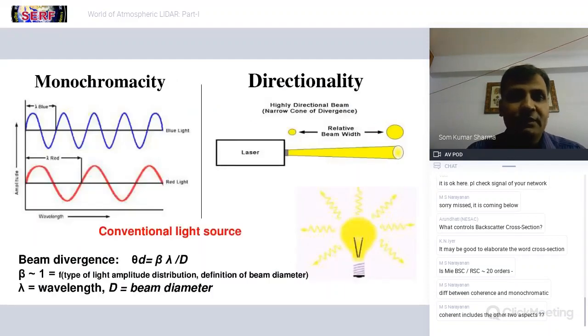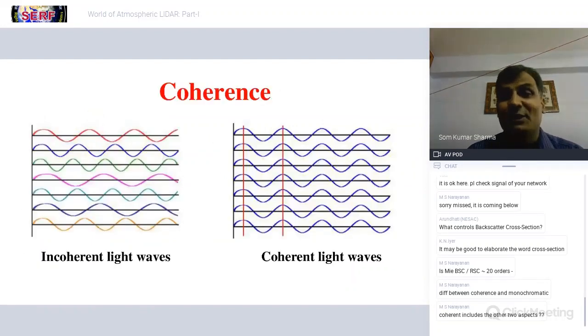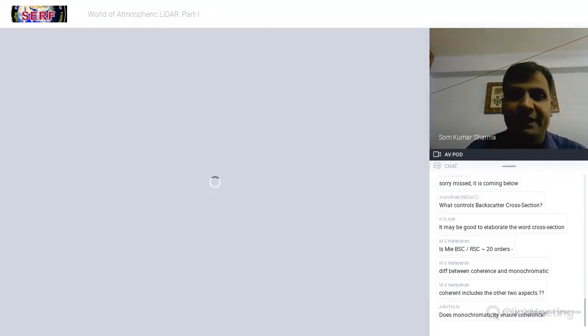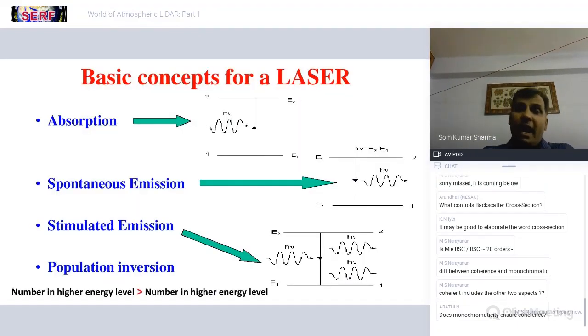I hope monochromaticity is clear to you, directionality is clear to you, and the last one, coherency, is clear to you. These three things make the laser very versatile, very useful, and very effective in various atmospheric research processes, and most importantly in LIDAR tools and techniques.